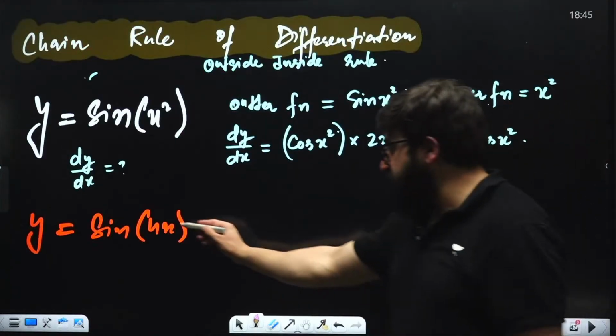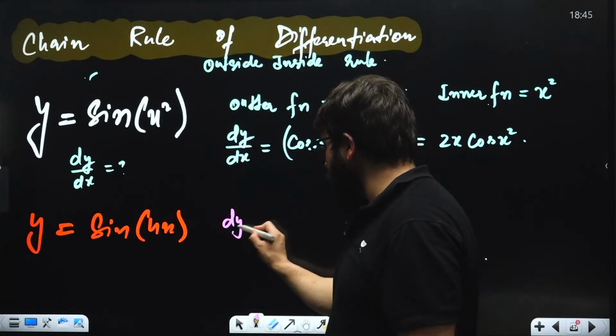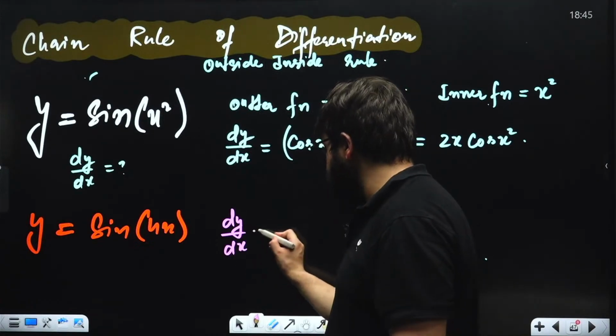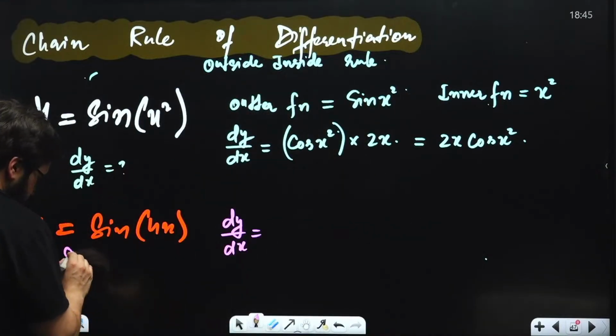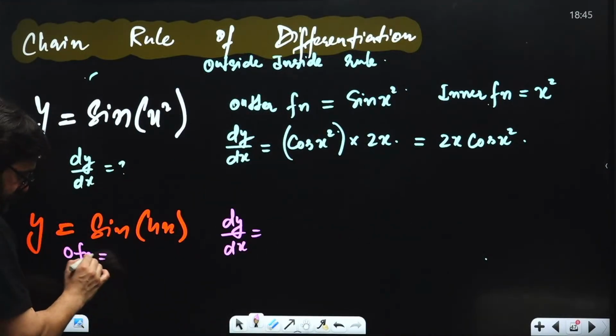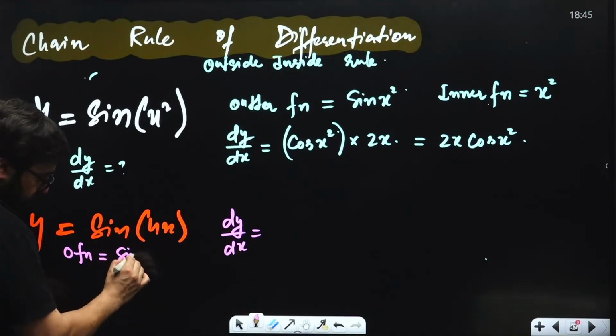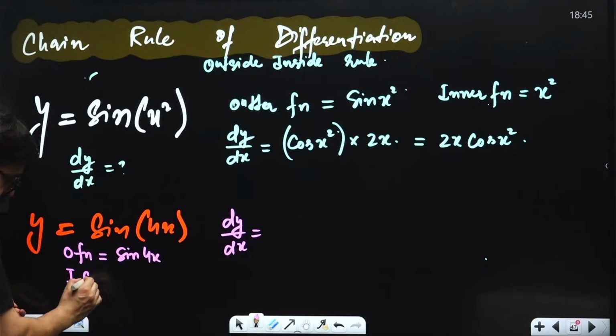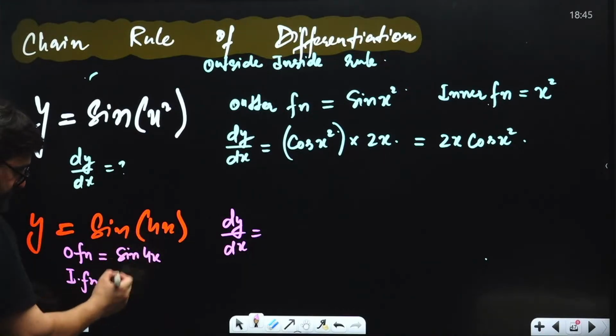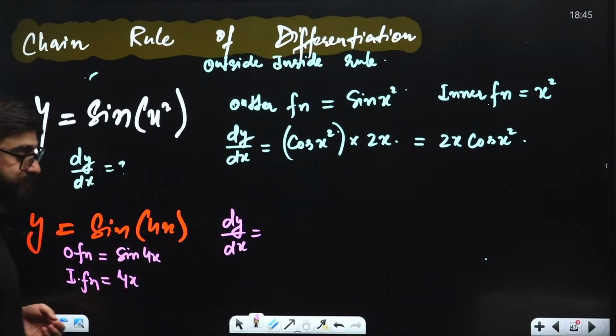Like you have got this. Can we find the value of dy divided by dx in this case? Sir, what is the outer function in this particular case? The outer function is sine of 4x as a whole. What is the inner function? The inner function is 4x.